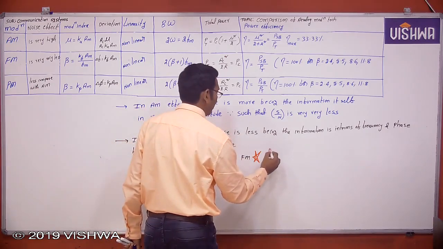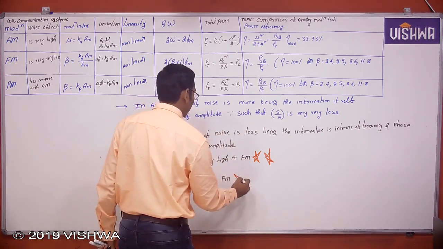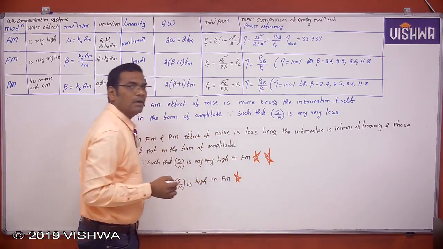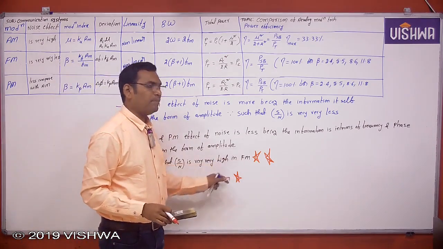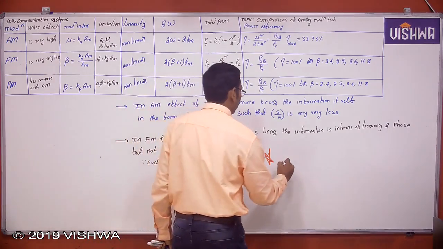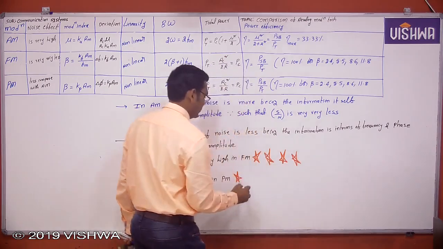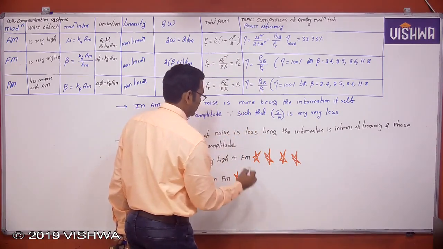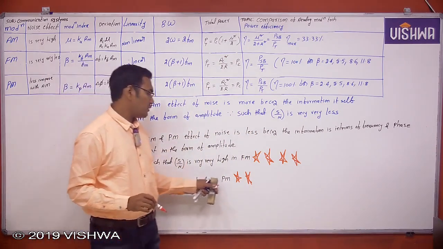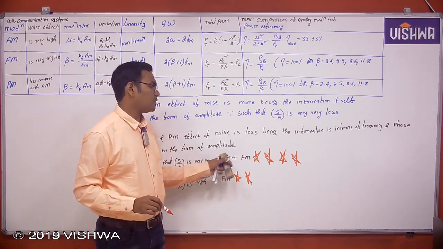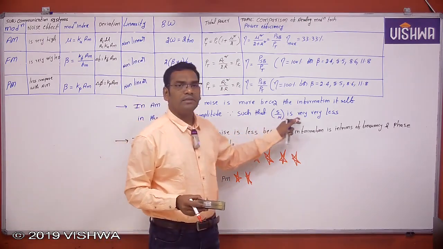First one is FM, next one is PM, and AM is not at all comparable with FM and PM. PM signal to noise ratio is high, but in FM it is very, very high, and it is not at all comparable with AM.